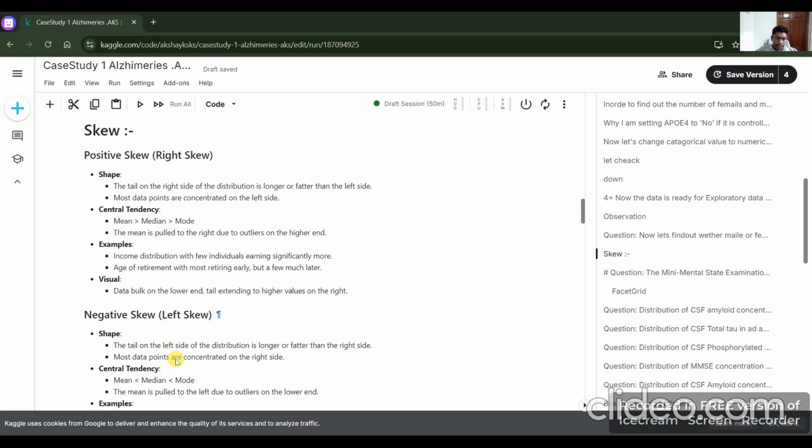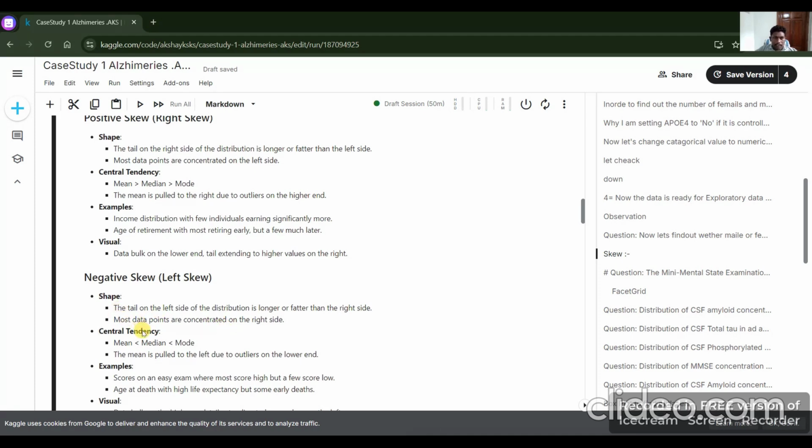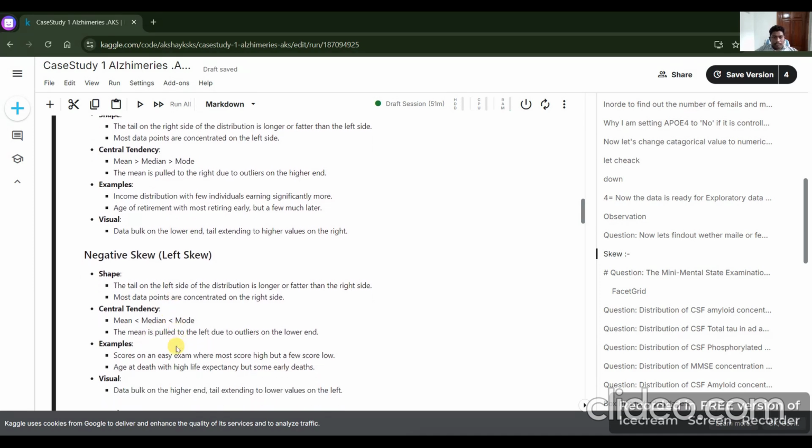Negative skew, left skew. Shape: the tail on the left side of the distribution is longer or fatter than the right side. Most data points are concentrated on the right side. Central tendency: mean is less than median, less than mode.